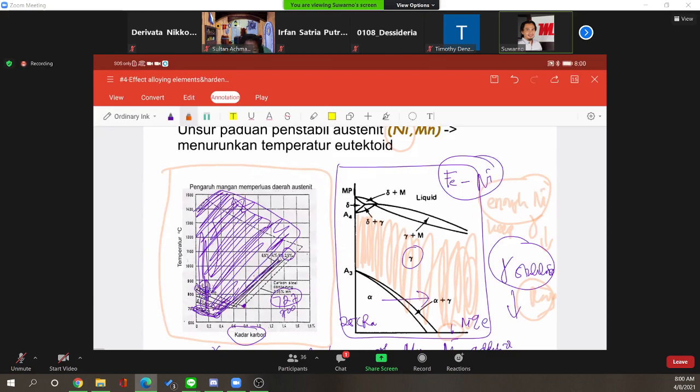It means that if you would like to have austenitic steel, which is stabilized at room temperature, then you should add a higher amount of nickel. Okay. And what do you think? Is it difficult or easy now to make a martensite if you have a high amount of nickel?